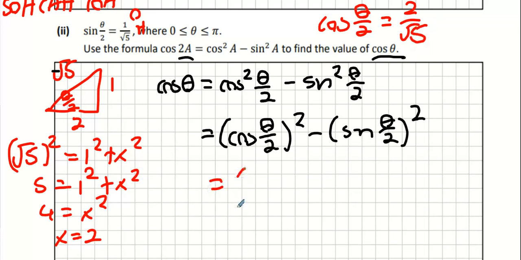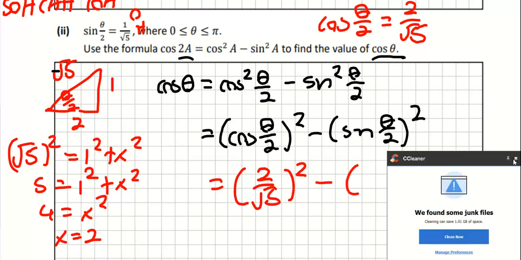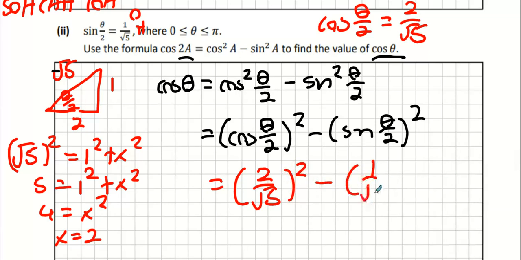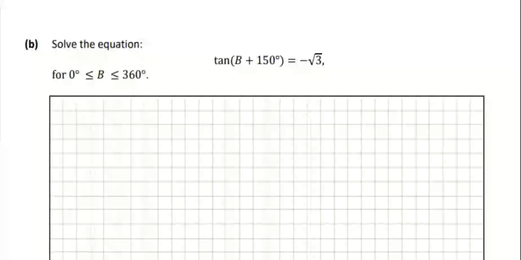And this simply comes into 2 over root 5 squared minus 1 over root 5 squared, which is hopefully going to be 4 over 5, take away 1 over 5, which should give us an answer of 3 over 5, which it does, and that actually went for 10 marks.